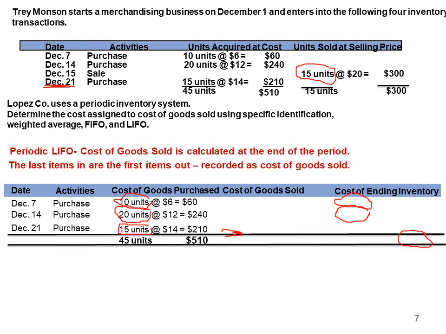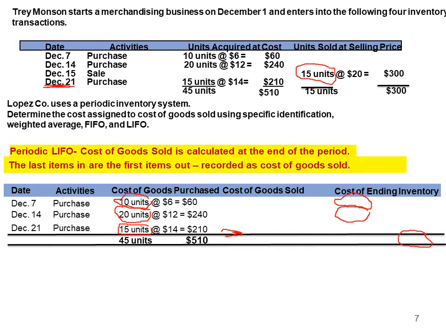So now I'm going to ignore the date of sale and calculate it only once at the end of the month. We are going to rewrite the cost of goods purchased, taking it from the above table as it is, and then analyze the LIFO assumption.